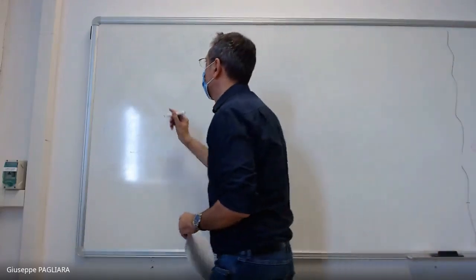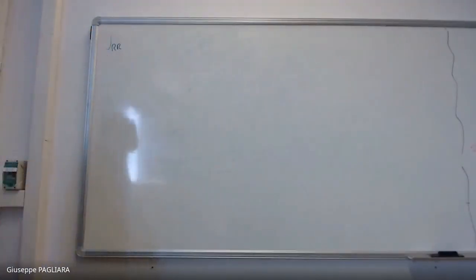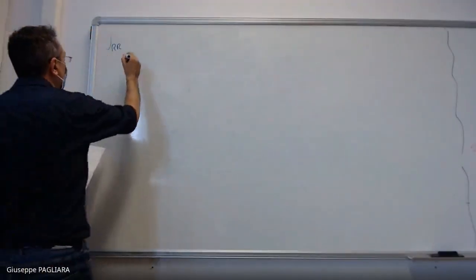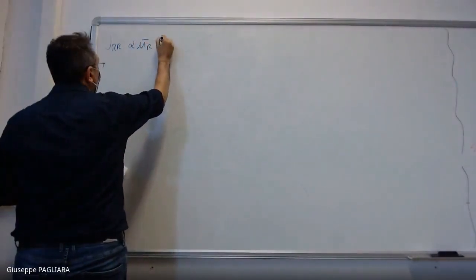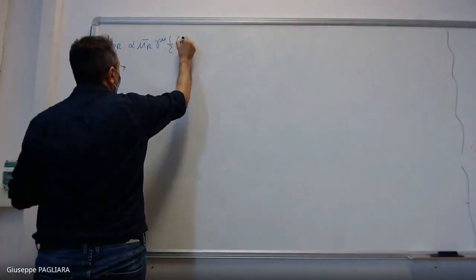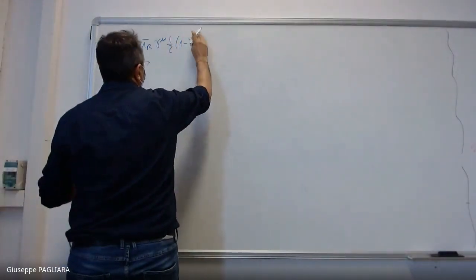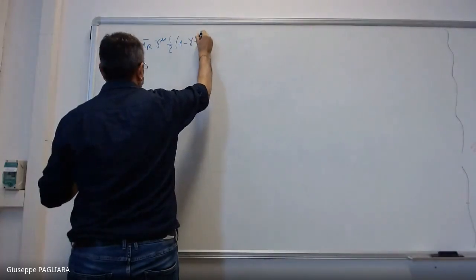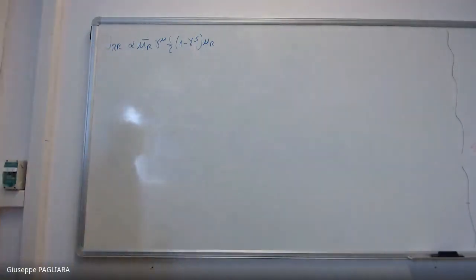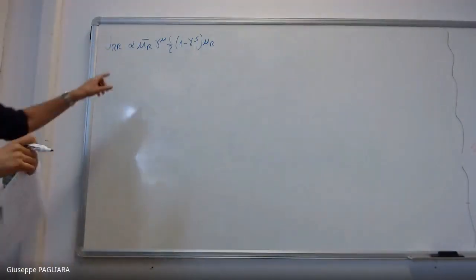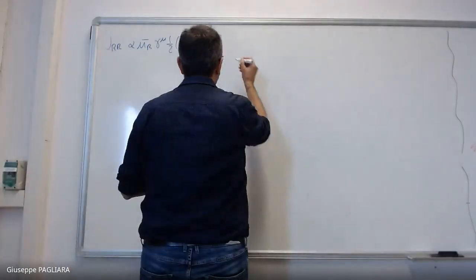So let's first of all show that the right current goes to zero in the charged current weak interaction. This is proportional to ū_R (1/2) γ^μ (1 − γ5) u_R. So we are taking only right-handed spinors and adjoint spinors.